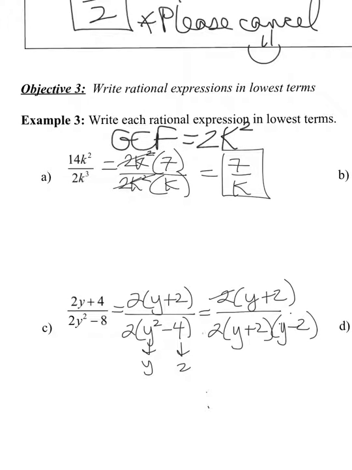The 2's cancel. This whole factor in parentheses, y plus 2, cancels with this whole factor of y plus 2. Leaving me what in the numerator? Yep, you've got to hold the place with a 1. And then in the denominator, y minus 2. And that's my simplified answer for part C.